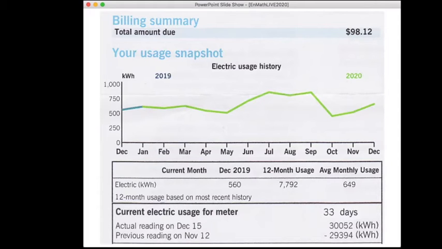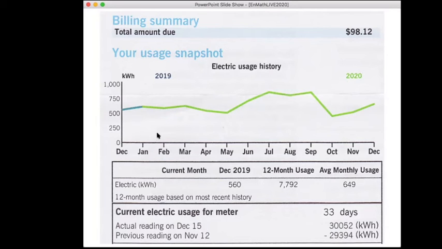This is my actual bill. And what I like that the companies have started doing, they do this on my water bill, my gas bill, and my electric bill. They give me a chart usually. Sometimes it's a bar chart, and it shows me how much electricity I used for the whole previous year. So I can draw some conclusions from that, right? I see July and September were my highest months of electricity use.